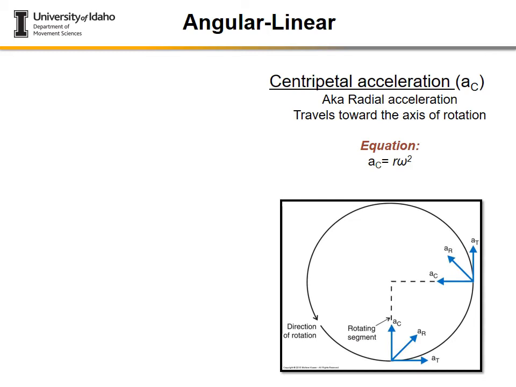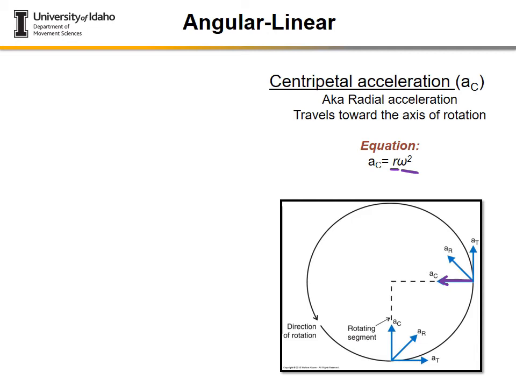But the most important thing about the centripetal acceleration is it is directly leaning back towards the axis of rotation, given the vector here. And it is representative of the radius times angular velocity squared. So the equation for this is radius times the angular velocity squared.